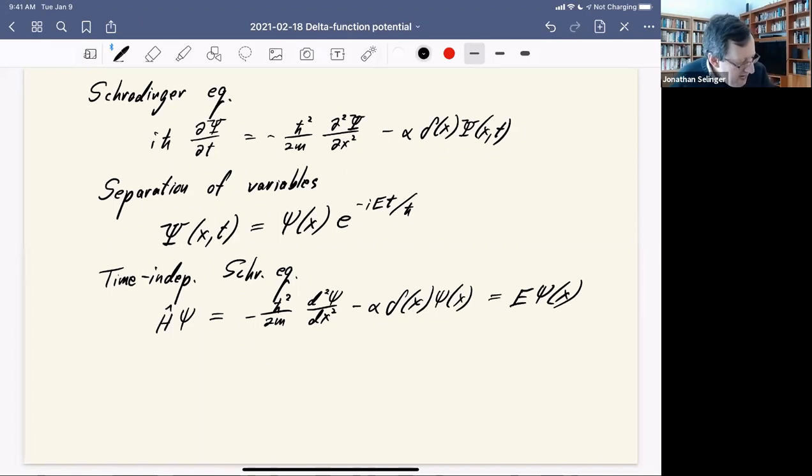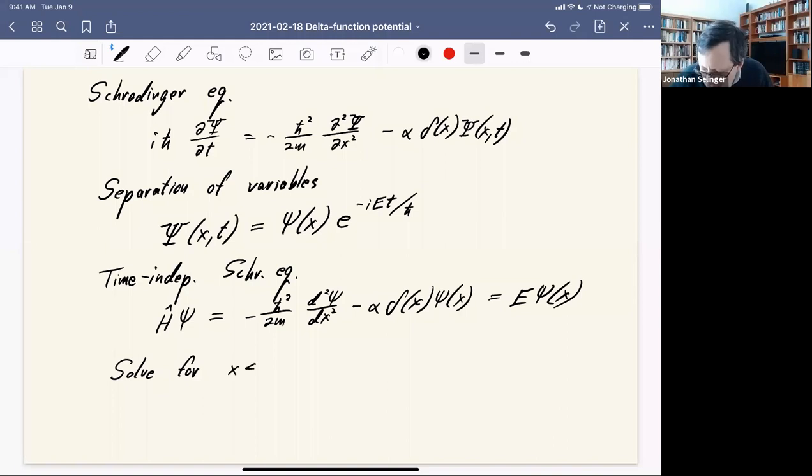Now, you're looking at this and you say, how do we solve a differential equation which has this delta function right in the middle of it, right? It means that there is some place where this thing goes to infinity. And how do we put that into a differential equation solution? Okay, so the trick for doing that is that we want to solve in two separate regions, okay?